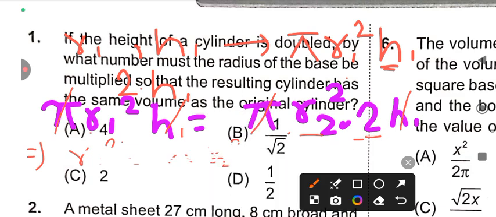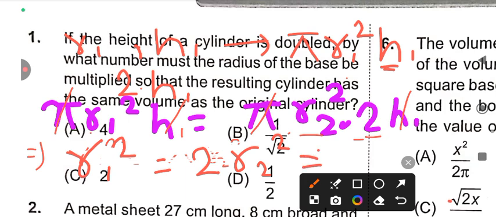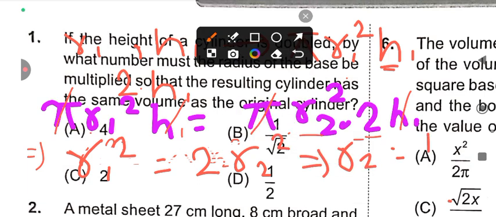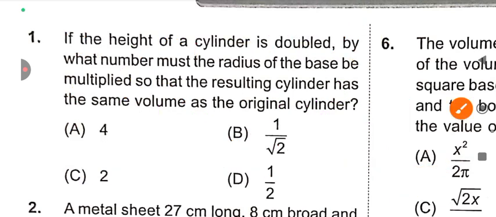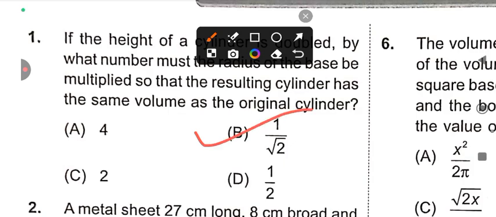So we write that R1 square is equal to 2 R2 square. From here we get the value of R2 is equal to 1 upon under root of 2 R1. So the answer is 1 upon under root 2.